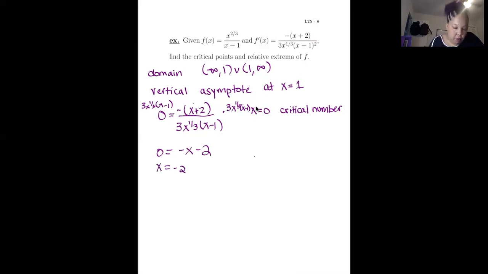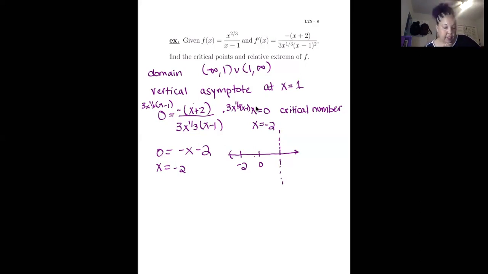So my other critical point is x equals negative 2. Now, when we put this on our number line, remember that we also include our discontinuities. So I'm going to include 1 as well. So I have negative 2, I have 0 and I have 1. And remember, 1 is an asymptote. So I'm going to put something that looks like this.